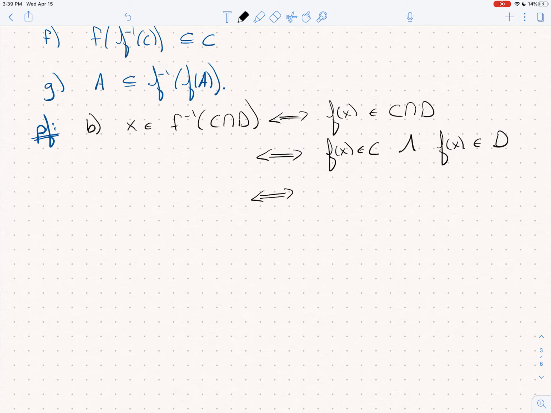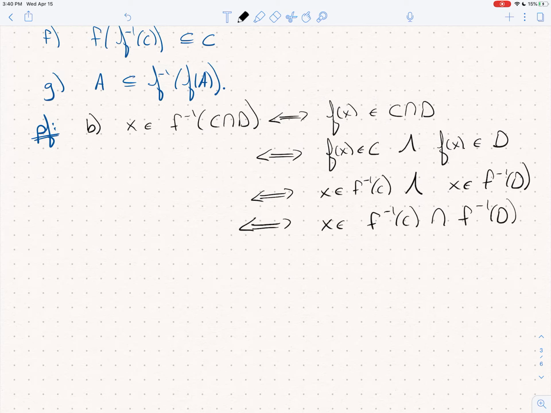But that's true if and only if X is in the preimage of C and X is in the preimage of D. If you're in both of those sets, then that happens if and only if X is in the preimage of C intersect the preimage of D. And so, thus, we've just shown that the preimage of C intersect D is equal to the preimage of C intersect the preimage of D. Okay, so that's part B.